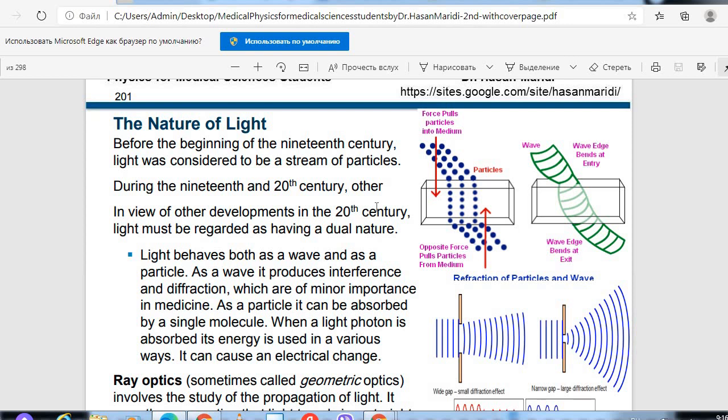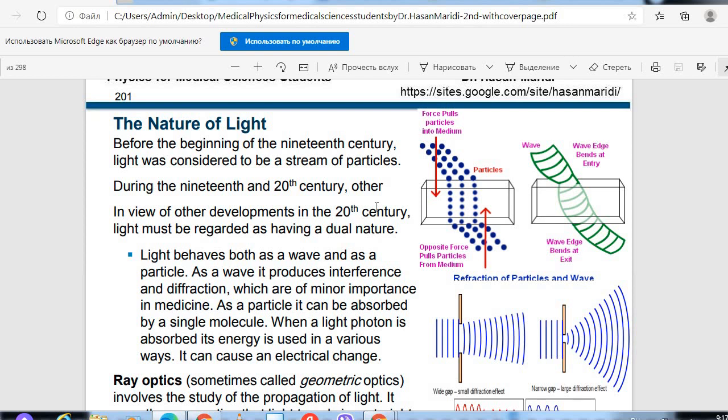And we will also think about light as a wave, the propagation of something. Light behaves both as a wave and as a particle. It is a very complicated nature. In some experiments light behaves like a wave, and in other experiments it behaves like a stream of particles.